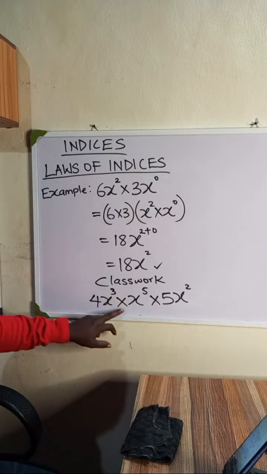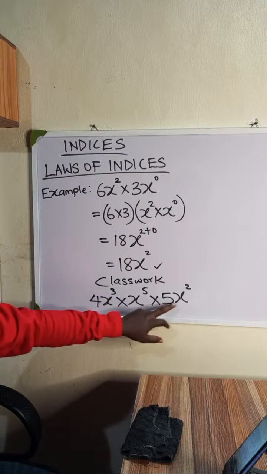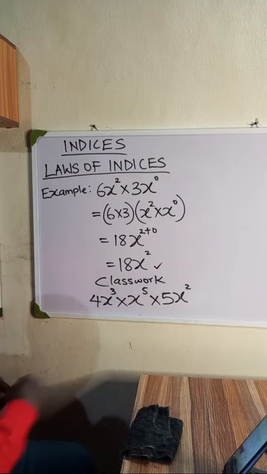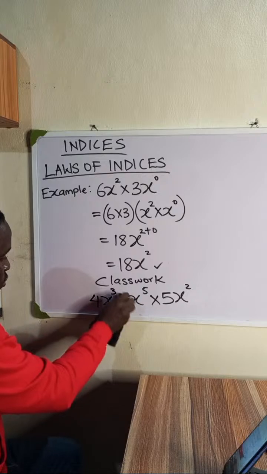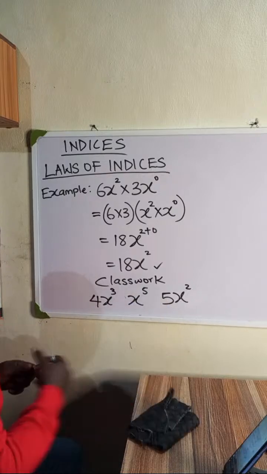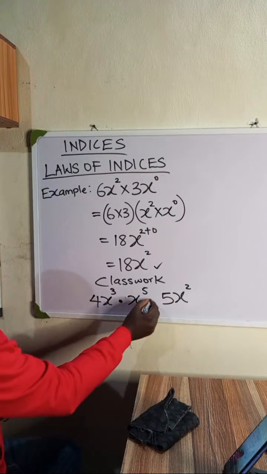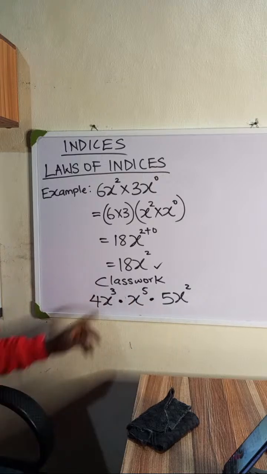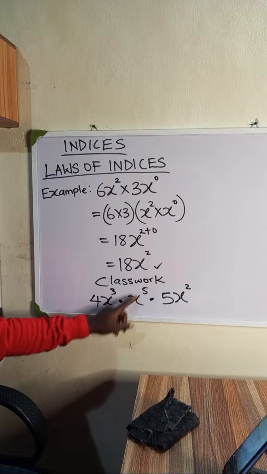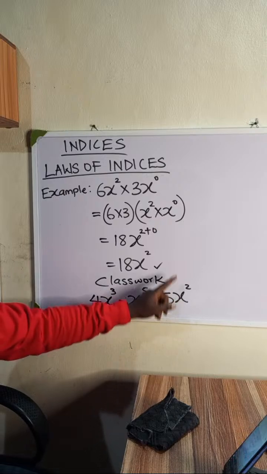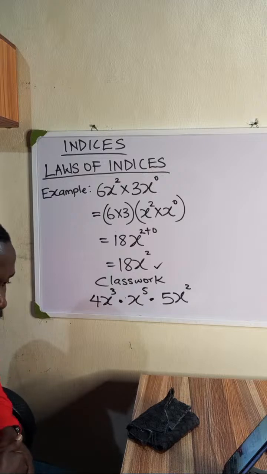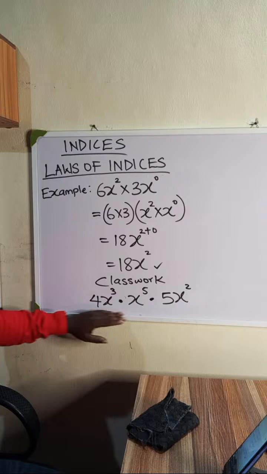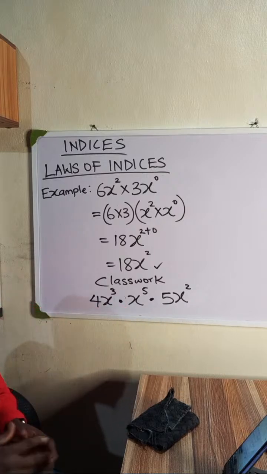So that there will be no confusion, let me just change it to dots. So the dots represent multiplication. So 4x to the power of 3 multiplied by x to the power of 5 multiplied by 5x to the power of 2. If you cannot write your answer in this form, you can just write it as a statement.